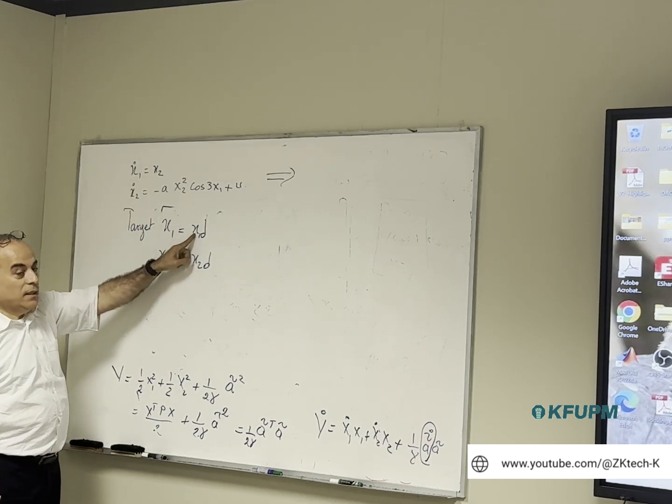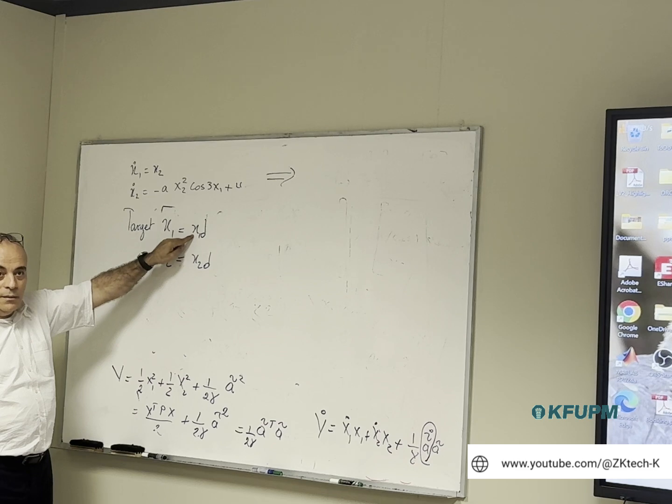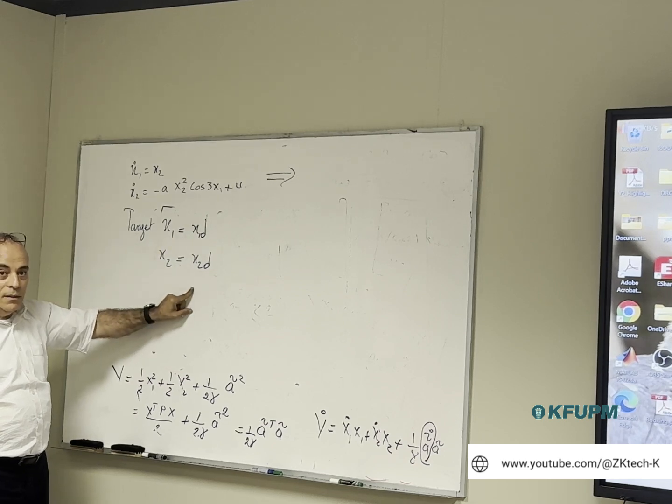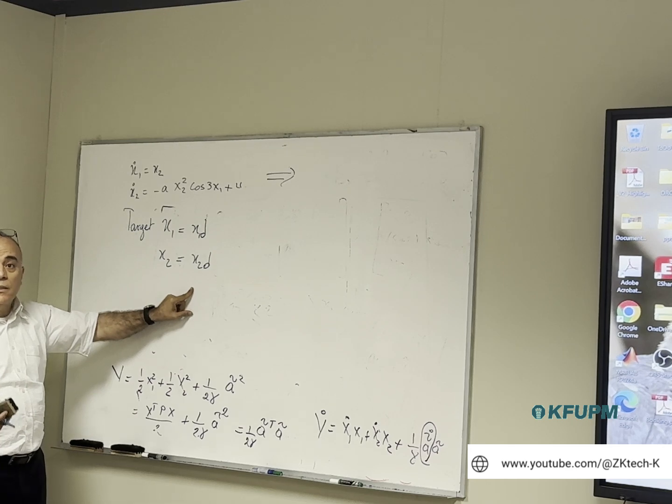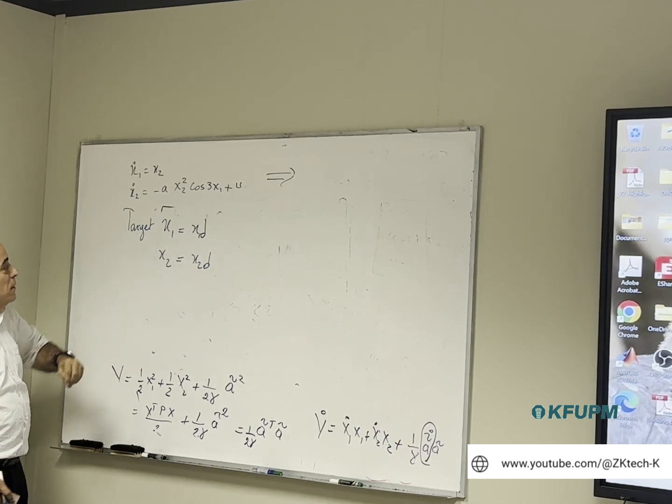So x1 desired prime is equal to x2 desired. Right? So if x1 desired is constant, x2 desired cannot be non-constant. So the system has to be able to satisfy dynamically the desired value. Otherwise, you cannot. Let's go with this.